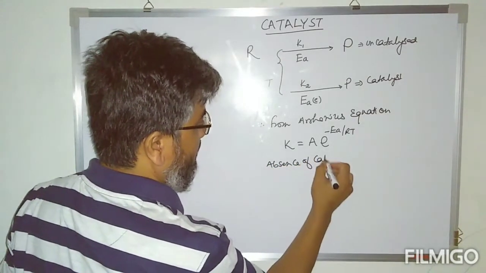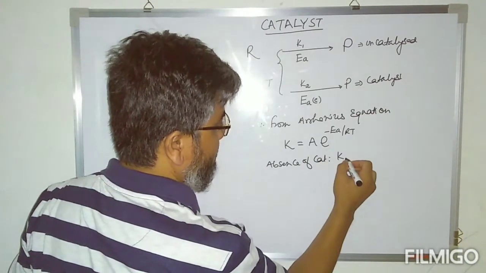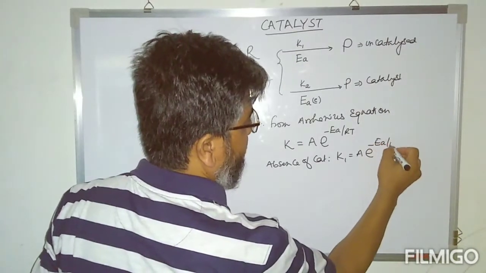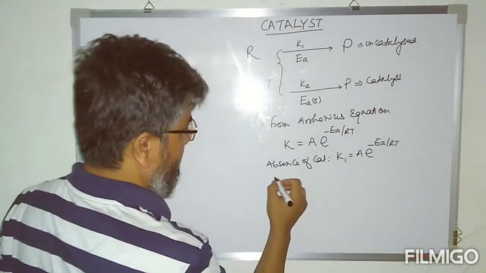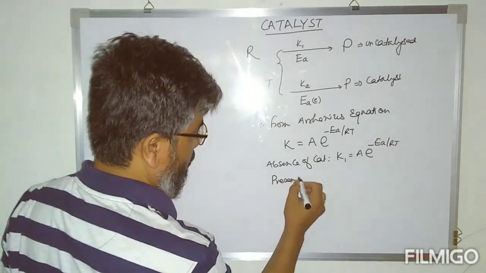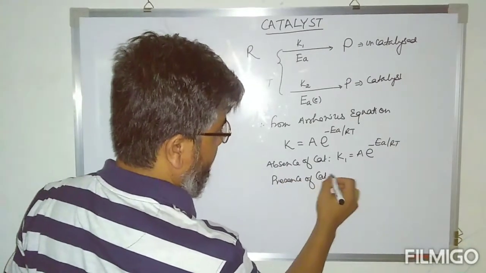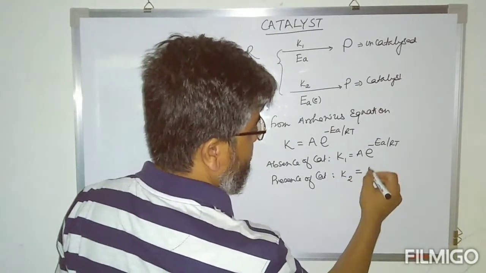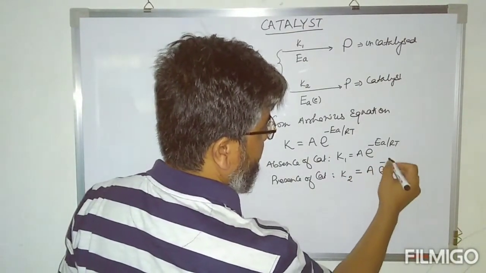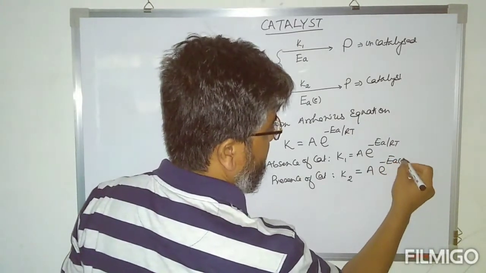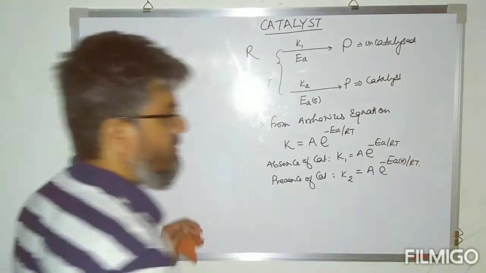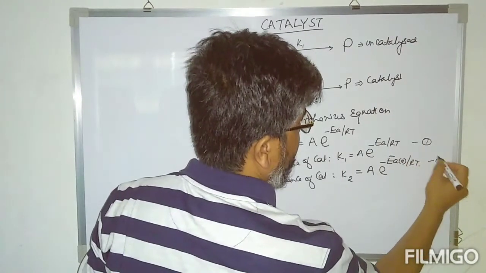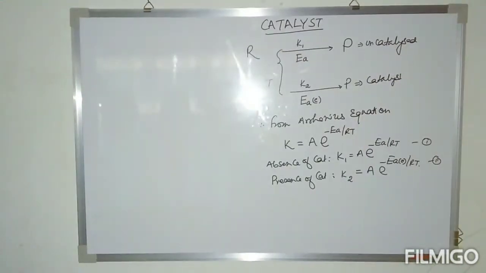So for these two reactions, we can write down: in absence of catalyst, the rate constant is K1, so K1 equals A exponential minus EA by RT. In presence of catalyst, the rate constant is K2, so K2 is equal to A exponential minus EAC by RT. So we have these two equations, equation 1 and equation 2.